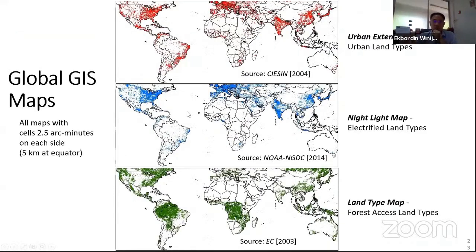Okay, I do this emission inventory by starting with the question. First, I know how much fuel people use in households in different locations in the world, but I don't know where in a city or country people use those kinds of fuels.